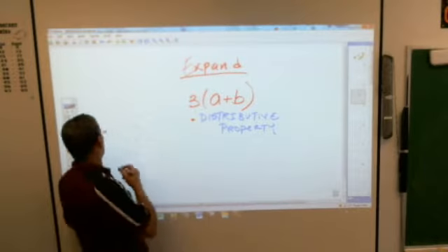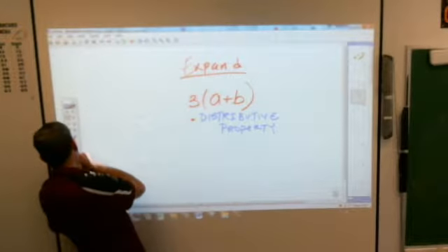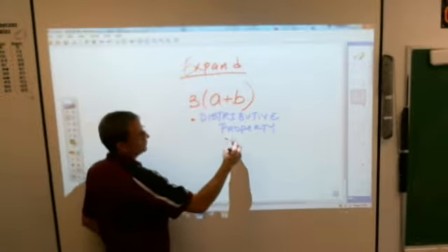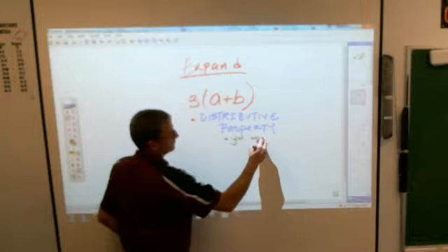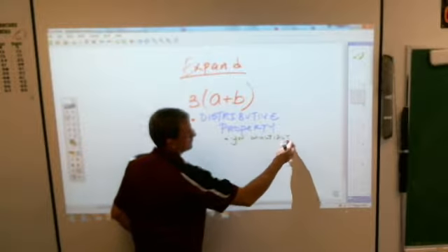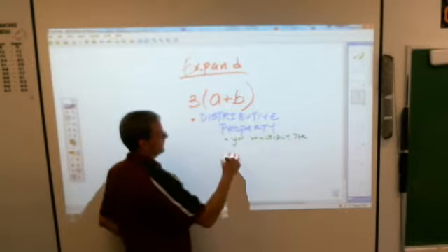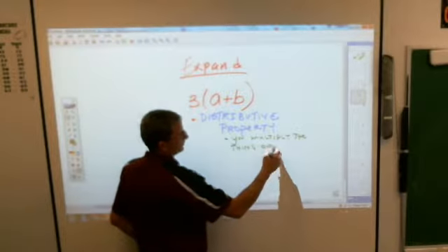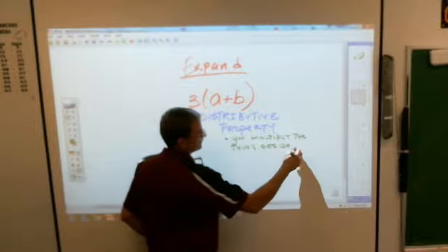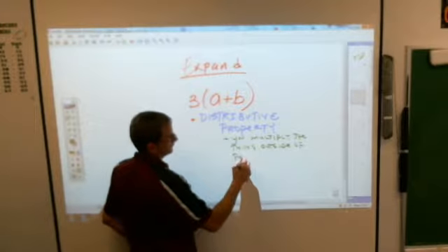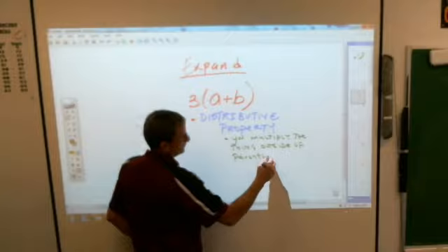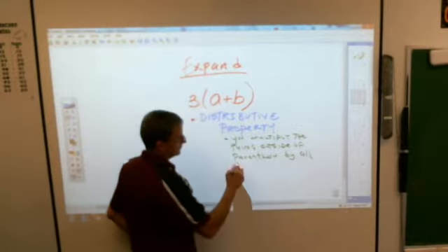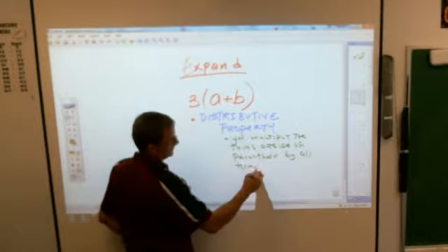What the distributive property says is that you multiply the thing, whatever it is, whether it's a letter or a number, outside of the parenthesis by all terms inside the parenthesis.